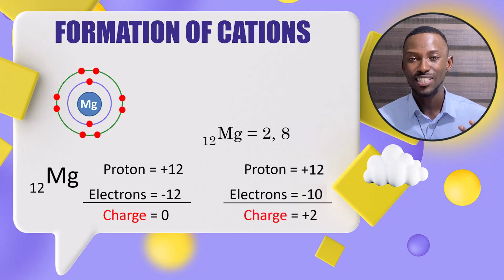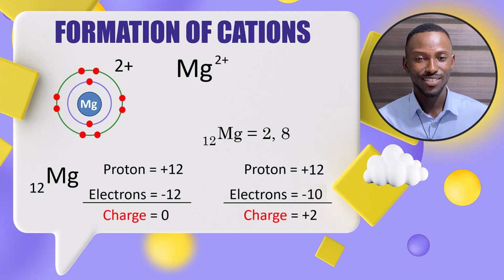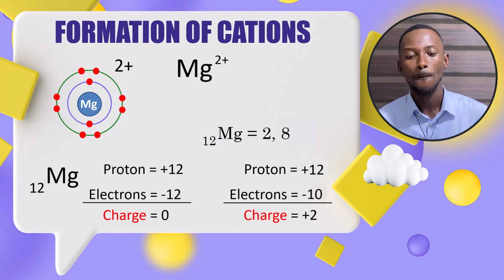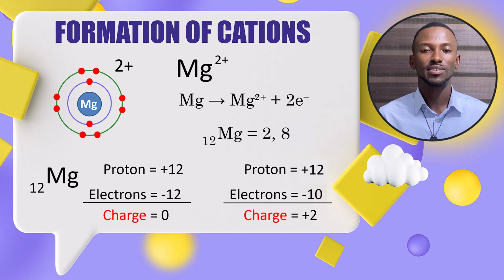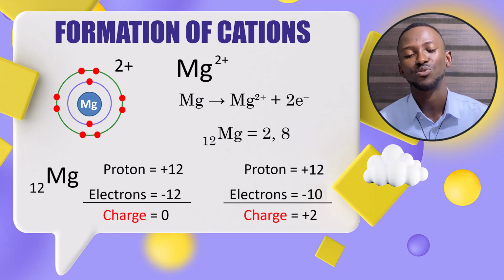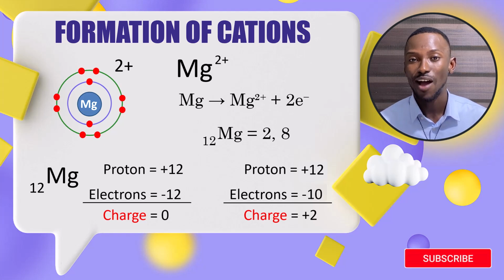So we have a net positive charge of 2. So magnesium ends up forming a cation of Mg2+. And if we want to write that as an equation, we have Mg going into Mg2+ plus 2 electrons that are lost. So this is how cations are formed.